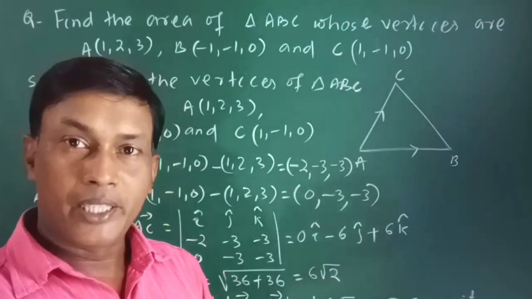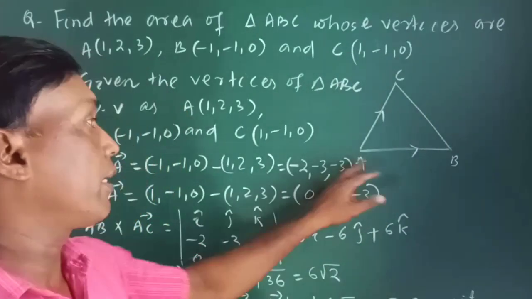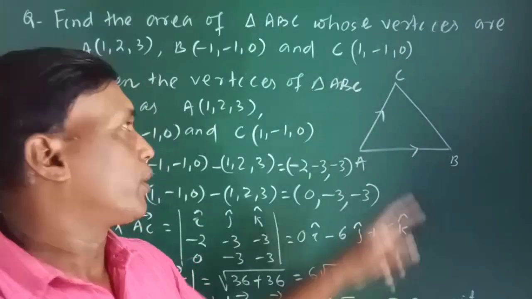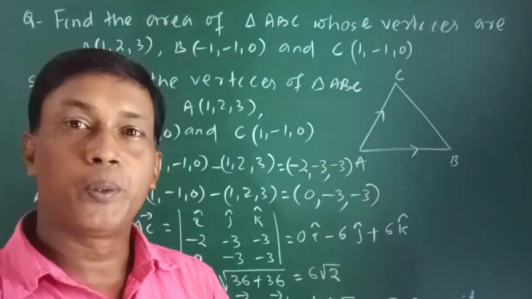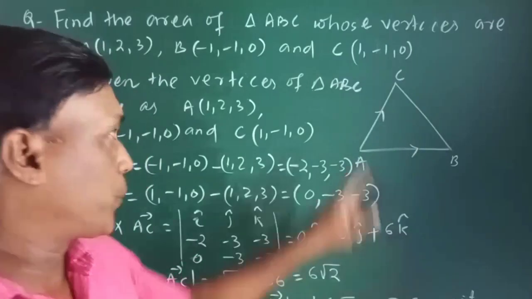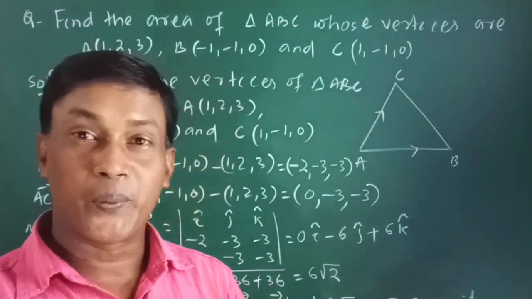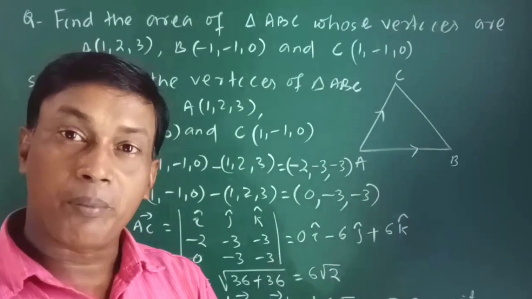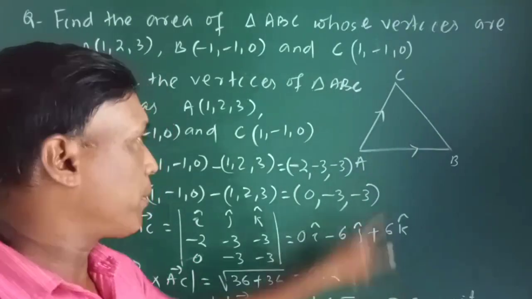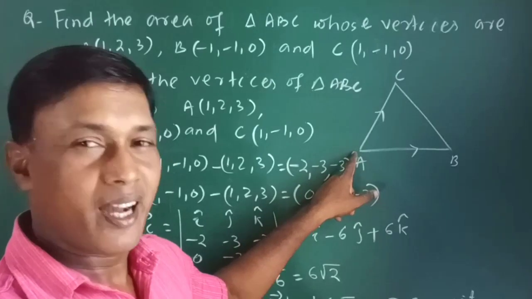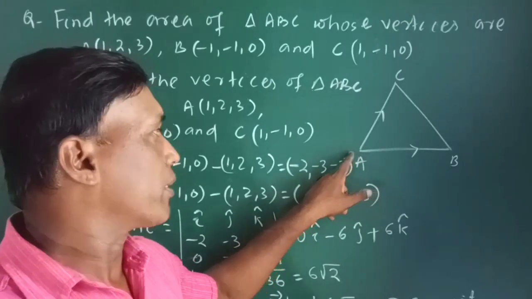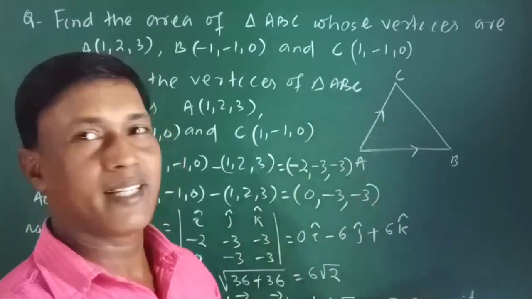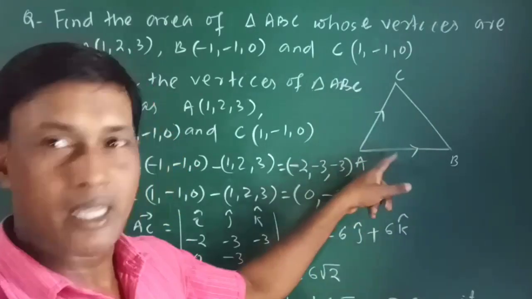But in order to find the area of a triangle ABC, you have to find the two sides as two vectors. But the two vectors must be co-initial. That means they must have a common initial point. Suppose we fix this point A and find the two vectors AB and AC. Now look here, AB and AC are co-initial vectors.